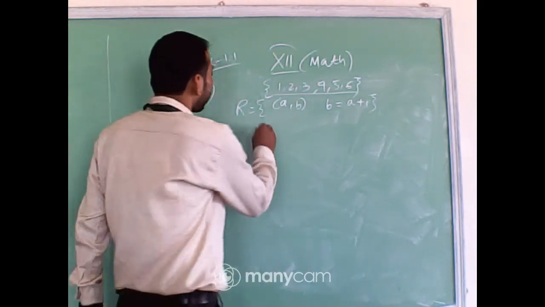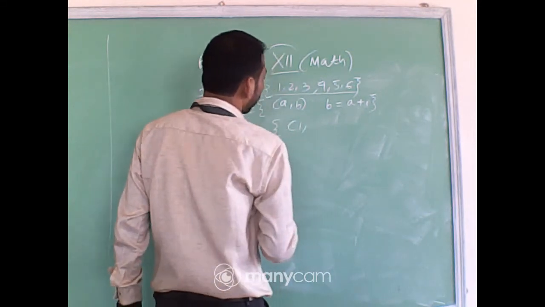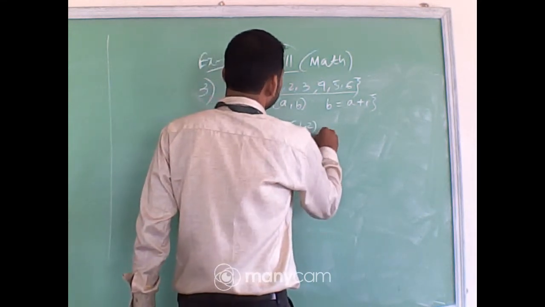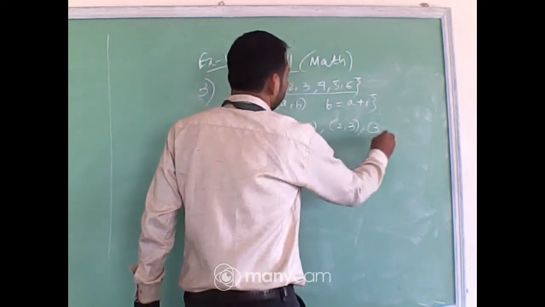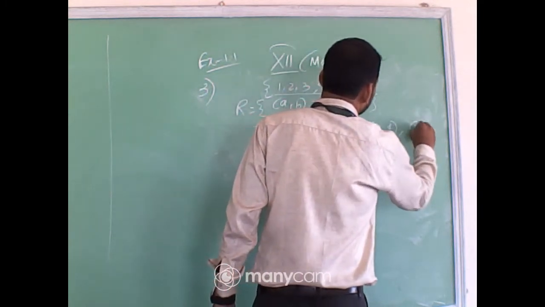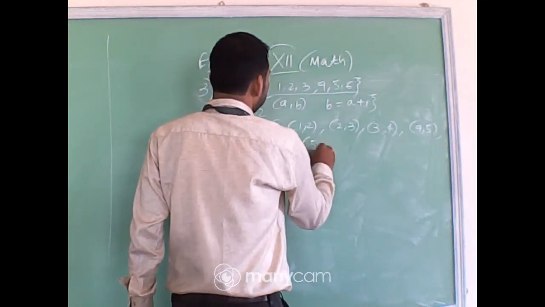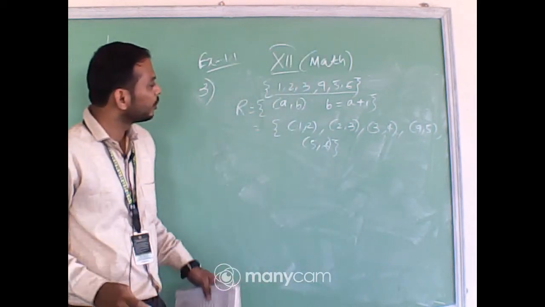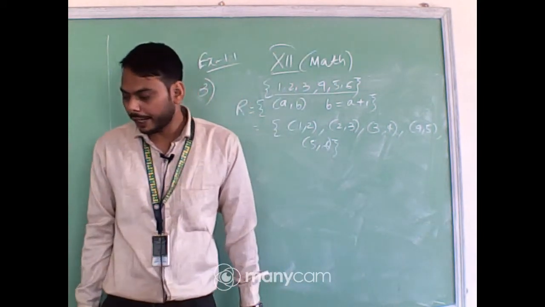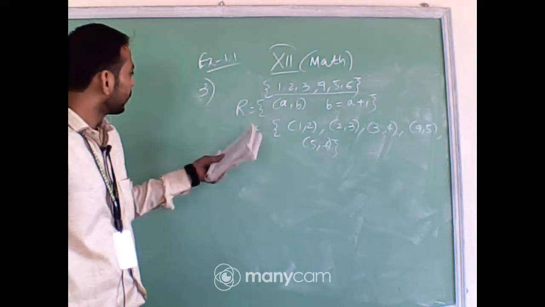Now we can write it in roster form. Taking a = 1, you get b = 2. So (1, 2), (2, 3), (3, 4), (4, 5) and (5, 6). These are the ordered pairs contained in R.